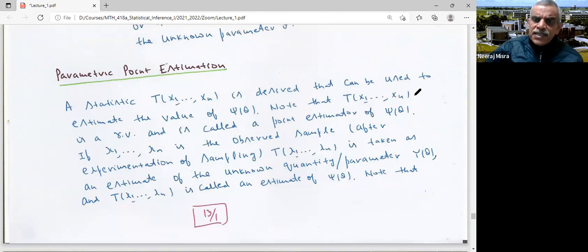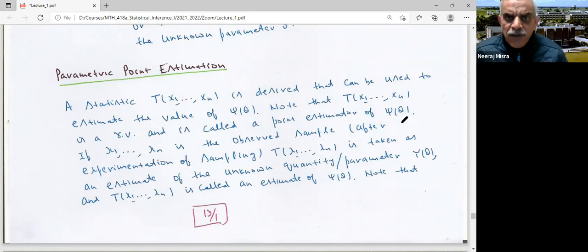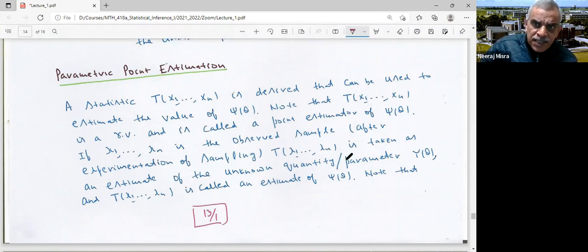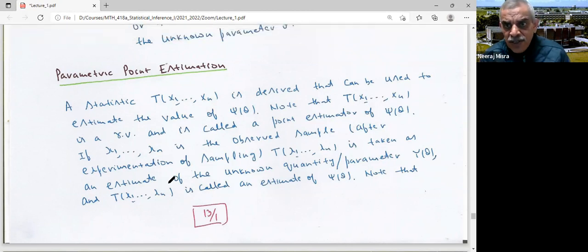So T of X1, ..., Xn as a function of the random variables is called an estimator or a point estimator of psi theta. If x1, x2, ..., xn is the observed sample after experimentation of sampling, then T evaluated at the observed sample x1, x2, ..., xn is taken as an estimate of the unknown parameter psi theta.